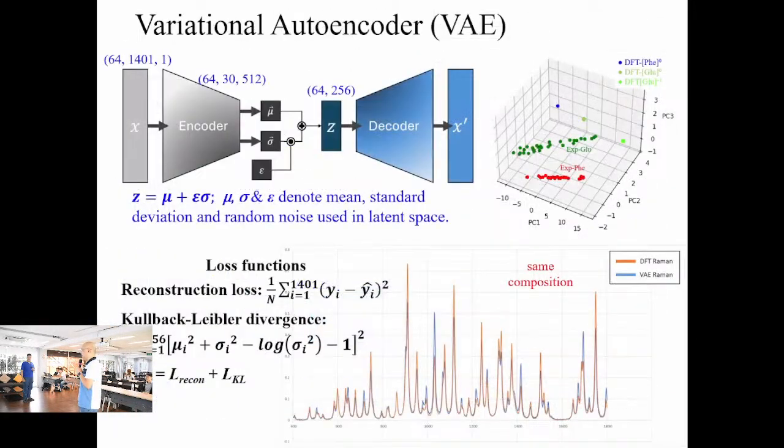This is our experimental data. The green one is the glutamic acid, the red one is the phenylalanine, and this is a PCA analysis. You can see that even in experiment they are kind of spread out. So there's a human effect. And also, as I mentioned, this is an amorphous film. Every time a student makes it a little bit different.